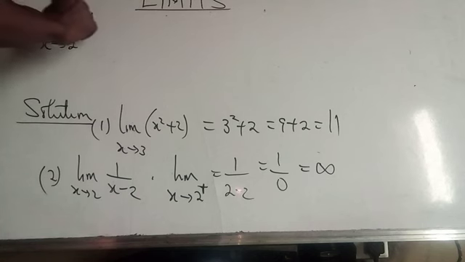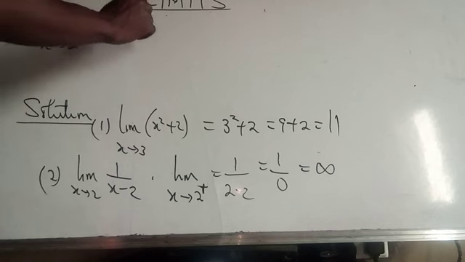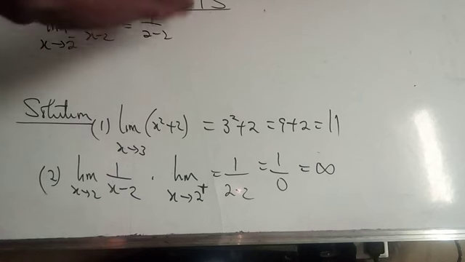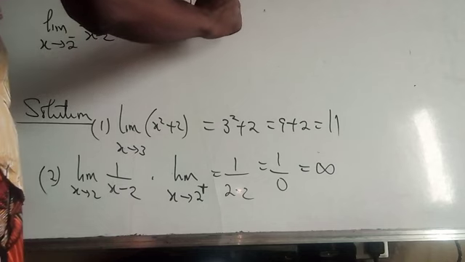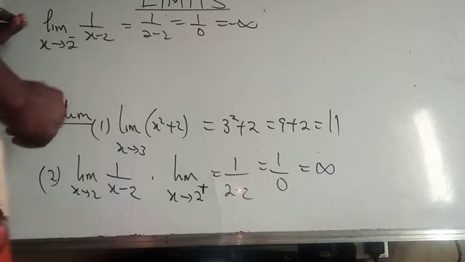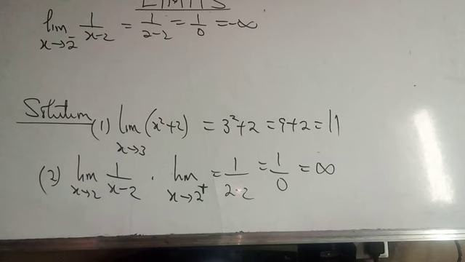So you have 1 all over x minus 2, that will be 1 all over 2 minus 2, which is also 1 all over 0, which gives you negative infinity. Why? Because we take our limit from the left hand side of the function. 1 over 0 is undefined, just like the previous one. It means that since the limit is taken from the left hand side, it will be negative infinity. So that solves the problem.